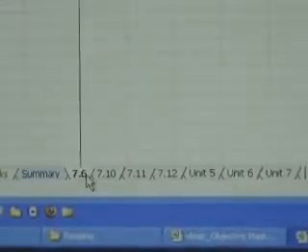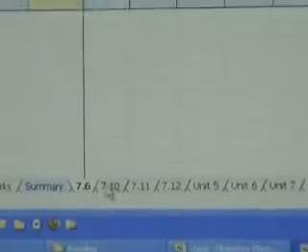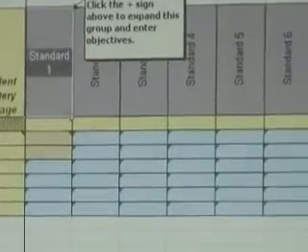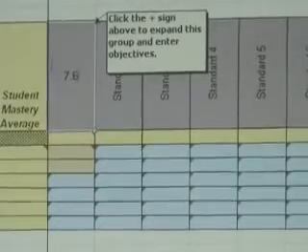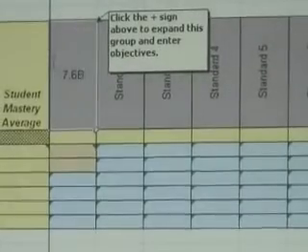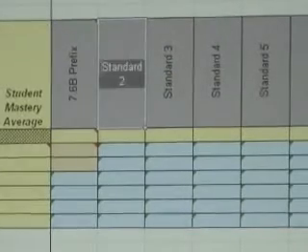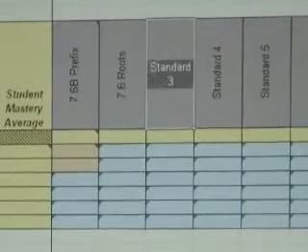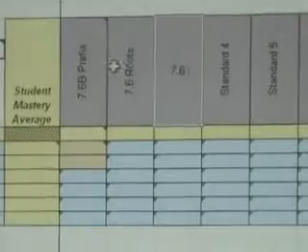So now, click on 7.6, so this one is outlined, shown, and all the other ones are below. And up here, I'm going to write all the TEKs, the letters that are associated with 7.6. So I'll put 7.6B prefix, 7.6 roots, 7.6B.